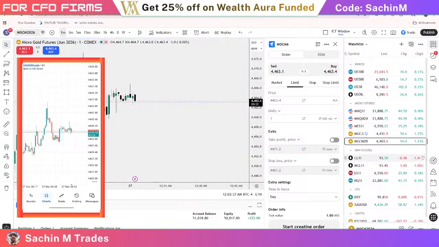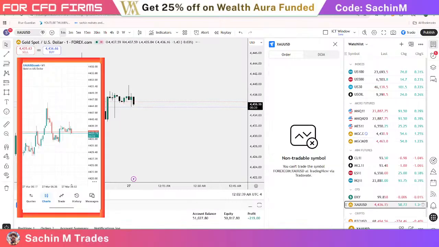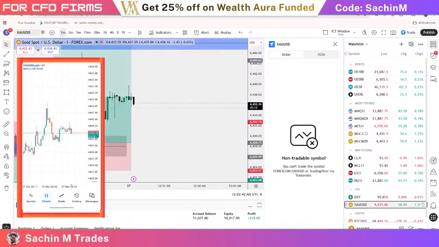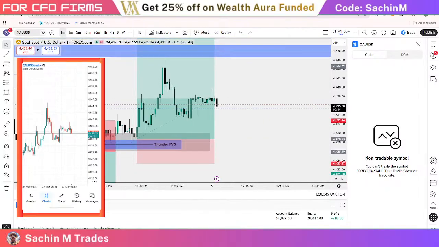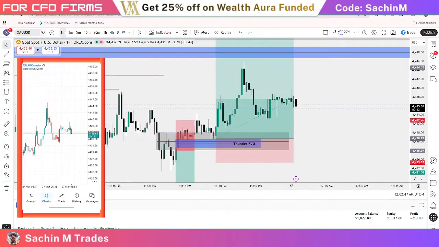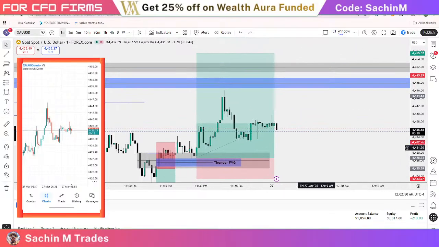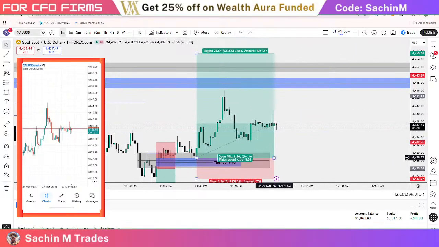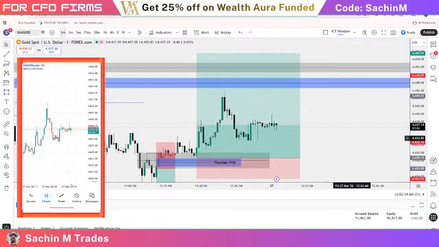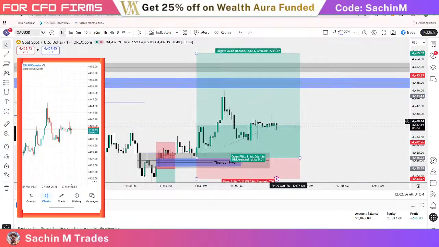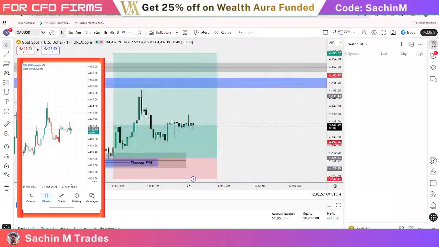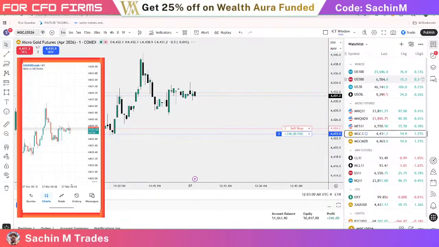Let's see what kind of pattern it is making. It is just consolidating at this place. I know you can't trade CFD ahead of it. This is 1 is to 5 and this is 1 is to 5.